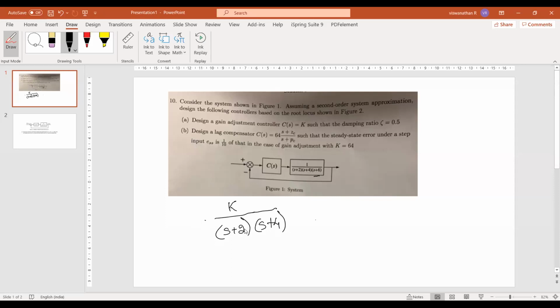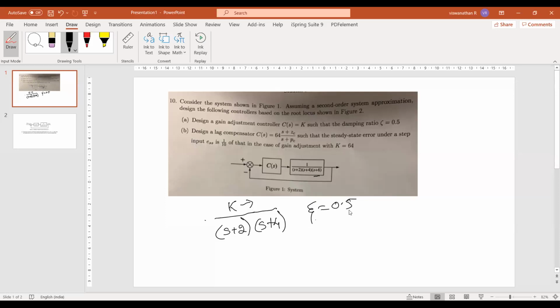So this is k divided by s plus 2 into s plus 4. Now what should be the value of k such that zeta is equal to 0.5?